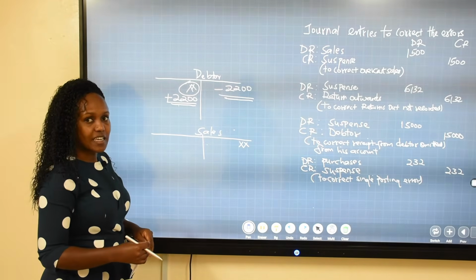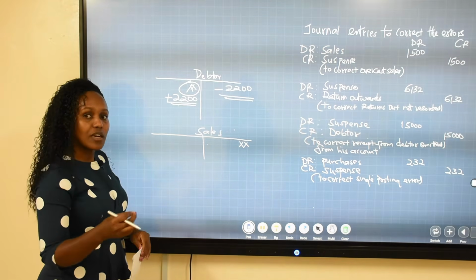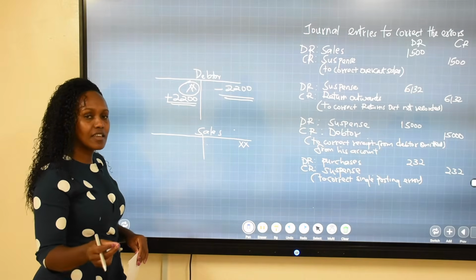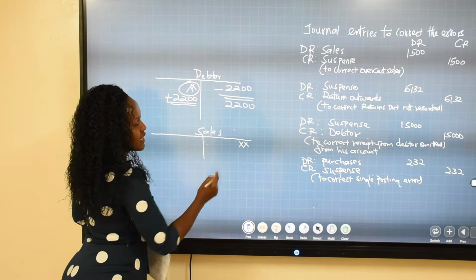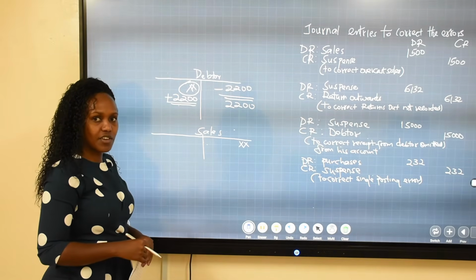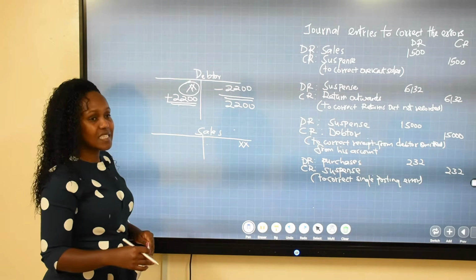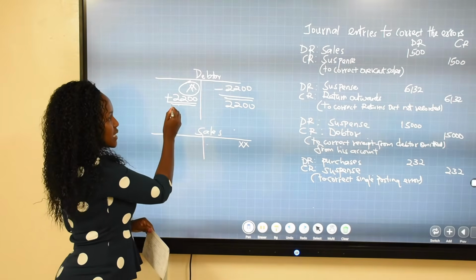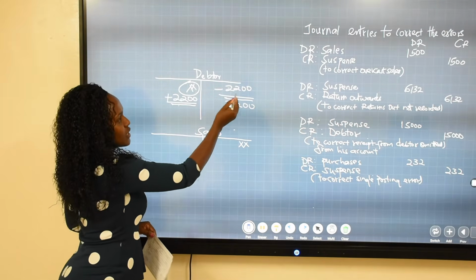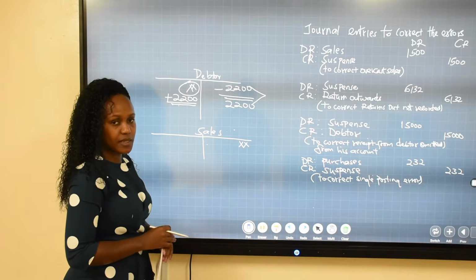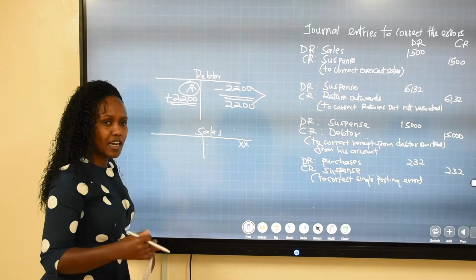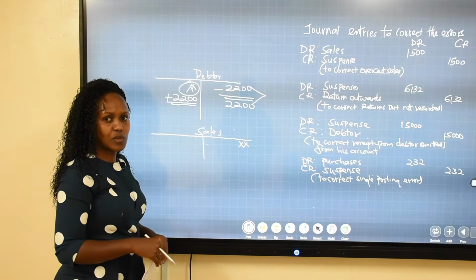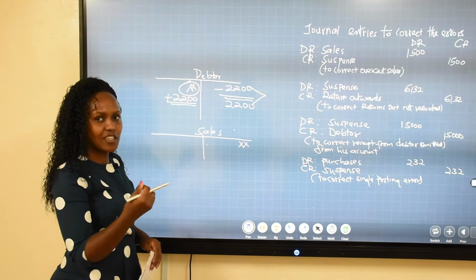You have corrected the error. But now do the right thing. The right thing was to credit the debtor with shillings 2,200. So for us to correct this error whereby you debit instead of crediting, you have to pass the posting 2 times. And in accounting, you don't pass a posting 2 times. You simply multiply the amount by 2.